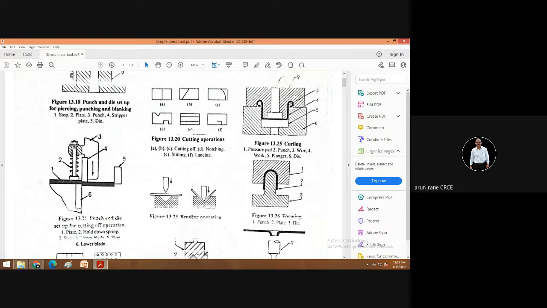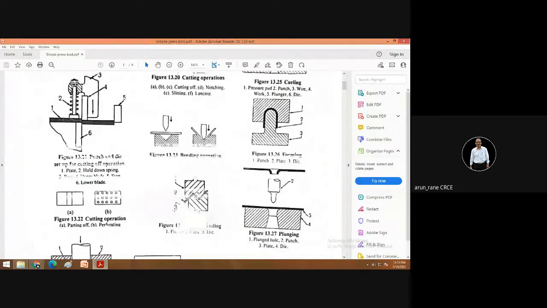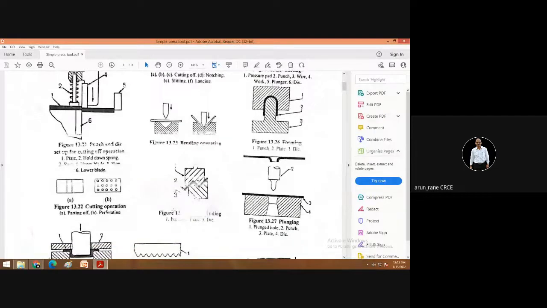देन दिस इज बेंडिंग ऑपरेशन. आपका फॉर्मिंग है. ये पार्टिंग ऑफ है, मतलब दो टुकड़ा सीधा. So this is kind of a shearing.